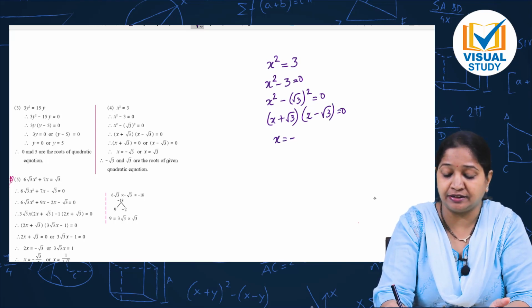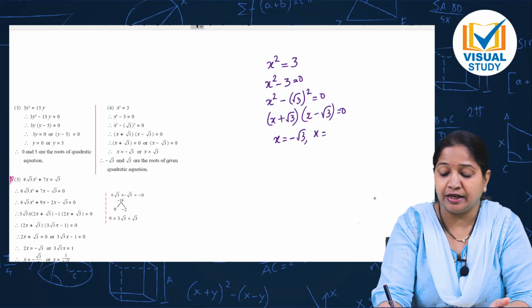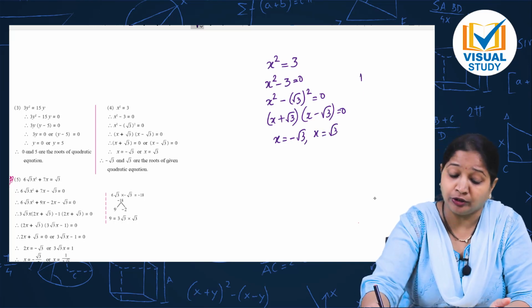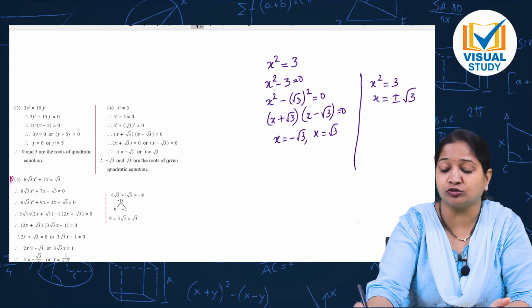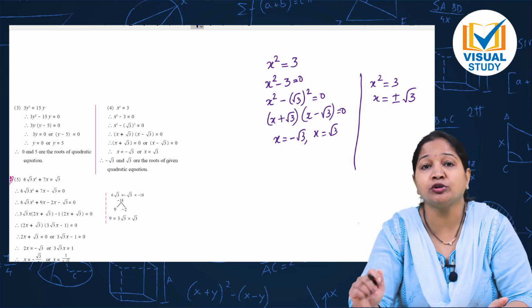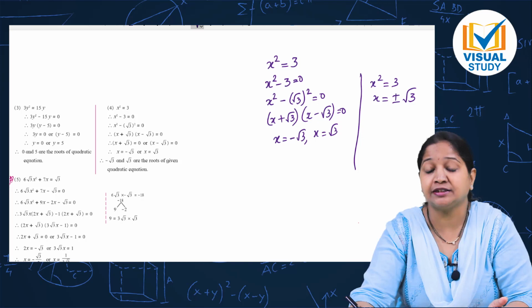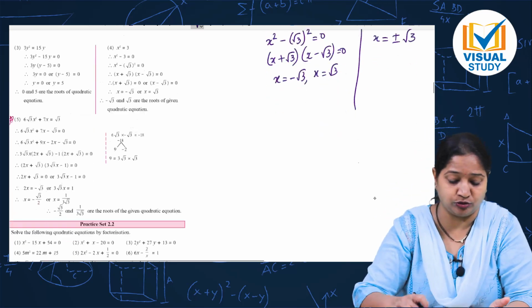And that is x is equal to minus root 3 and x is equal to root 3. You can do this in another way also. That is x square is equal to 3. That is x is equal to plus or minus root 3. In two steps you are finishing your answer. x is equal to plus or minus root 3.